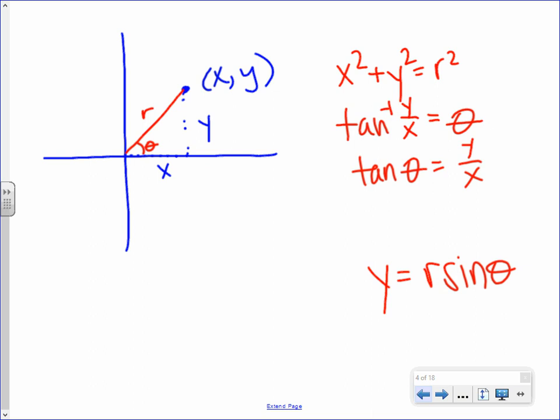Cosine of theta is x over r, so x equals r cosine theta. Those are the four equations you need to have in the back of your mind when we are converting from one form to another. At this point, we've used equations like these often enough that hopefully they won't be too strenuous to remember.